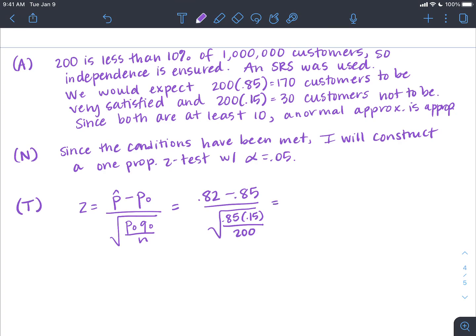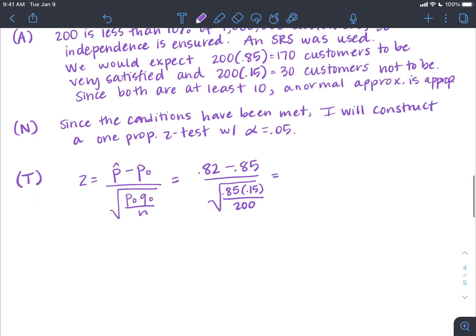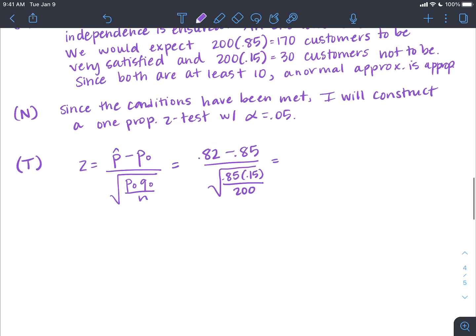Good. Now, I could type all of that in, but if you guys remember, we have our calculator function stat test, and that gives me my z. So I'm going to go to stat, over to test, and number 5 is where I go. I'm just going to write this for you guys and I'll erase it. Remember that our P0 is the claimed P, so 0.85.